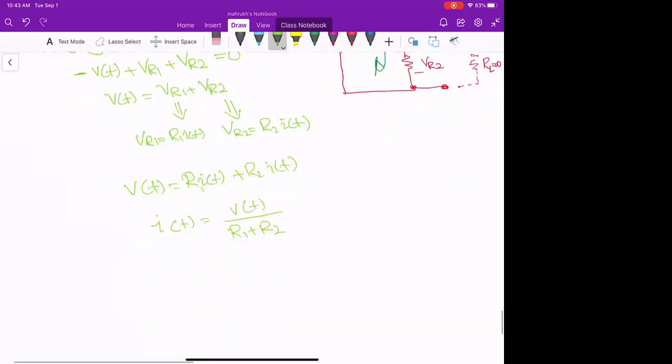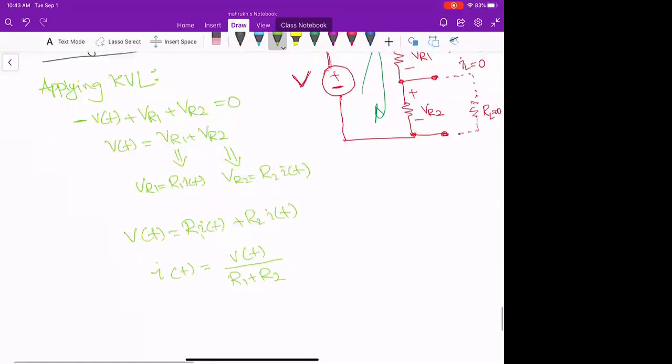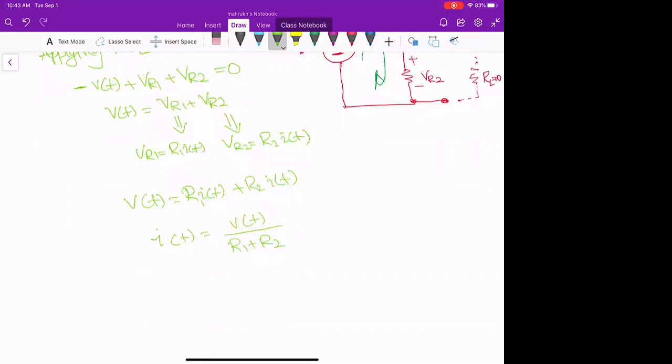Now, if I plug this in, if I try to find VR2, let's try to find that. Okay, so VR2 is equal to this, right? R2 I of t.